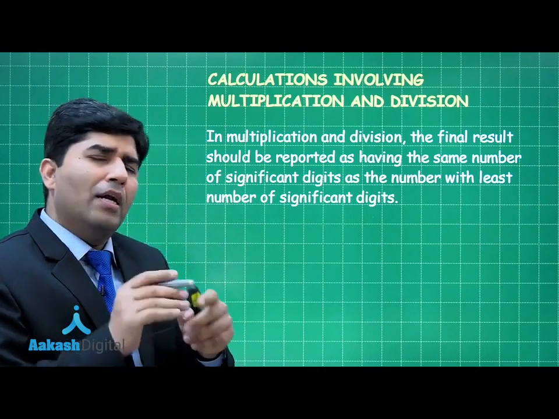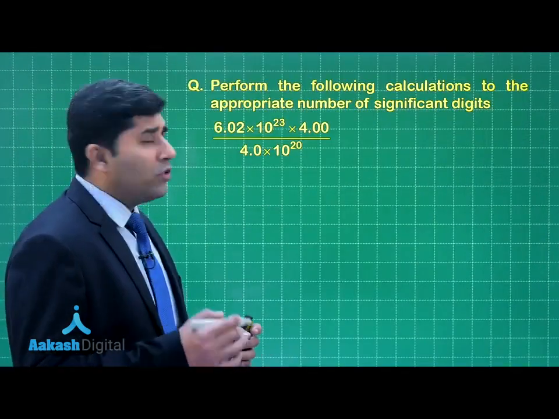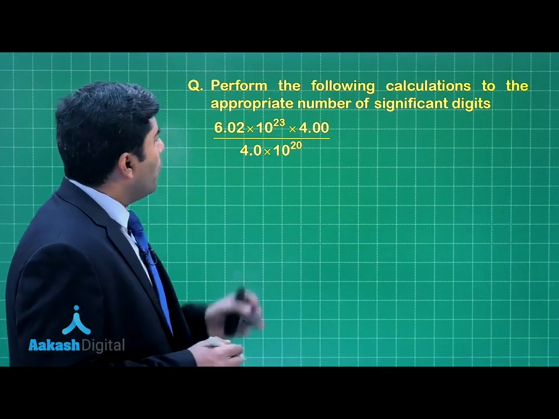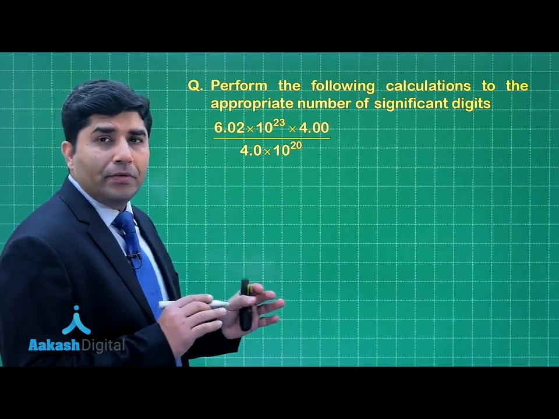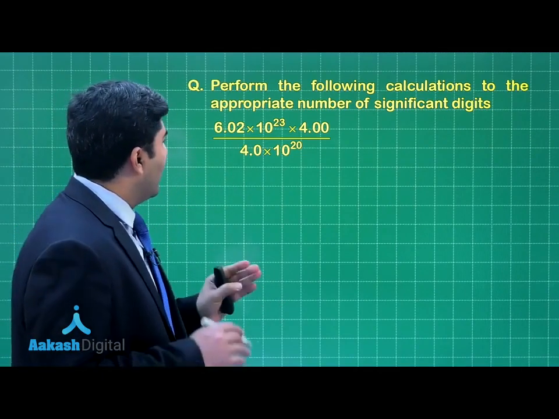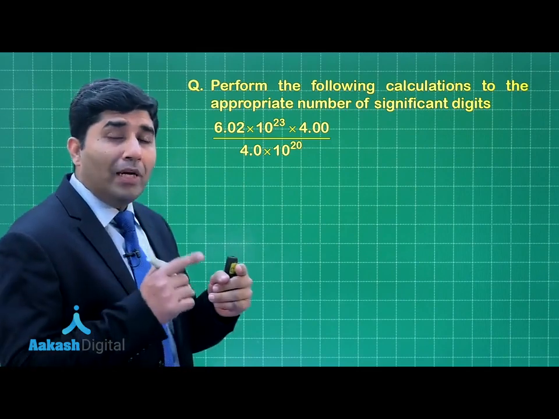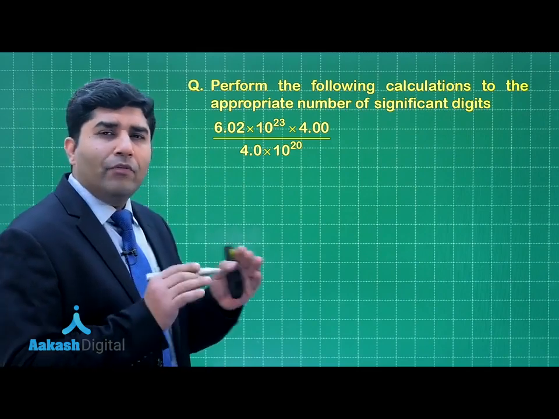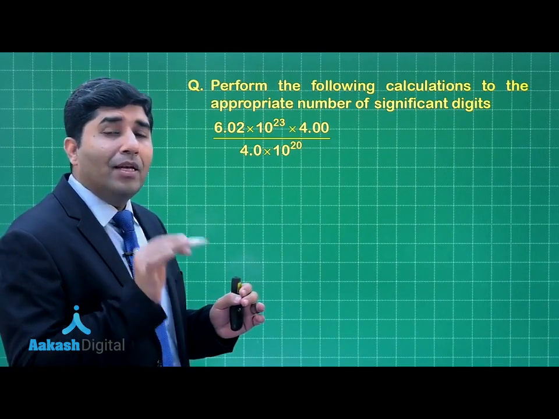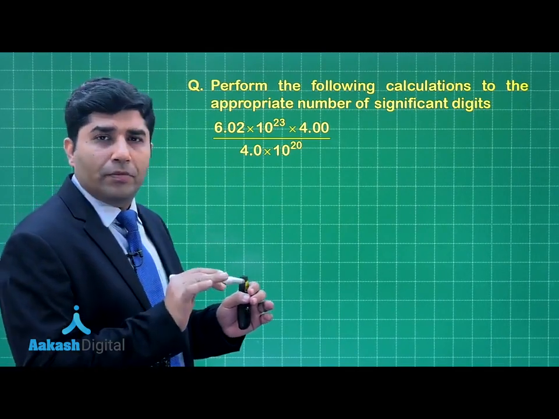Right? Let's solve a problem. The question asks: perform the following calculations to the appropriate number of significant digits. Here we are multiplying and dividing. And what is the rule for multiplying and dividing? We have to check which number has the least number of significant figures.